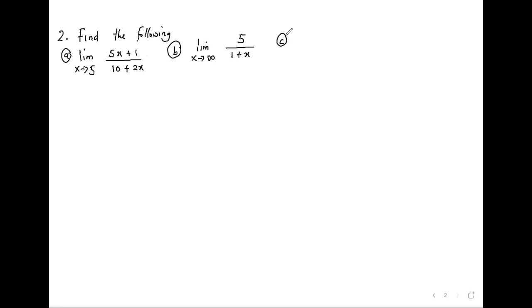C, the limit as x goes to 5 of x squared minus 4x minus 5 over x minus 5.